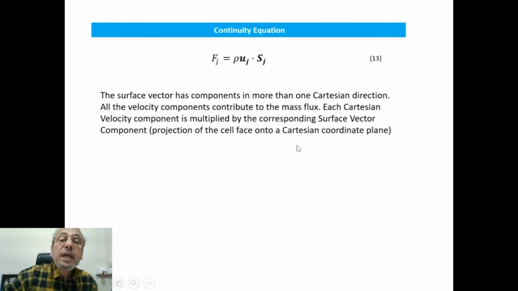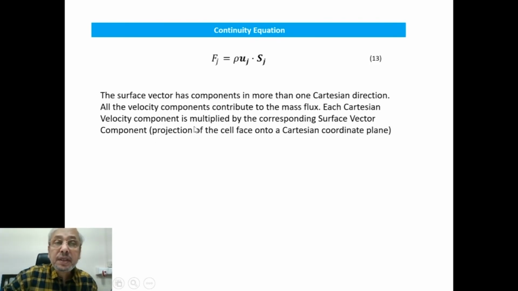So we can write Fj equal to rho uj dot Sj, and we can further explain that the surface vector has components in more than one Cartesian direction. All the velocity components contribute to the mass flux. So each Cartesian velocity component is multiplied by the corresponding surface vector component.